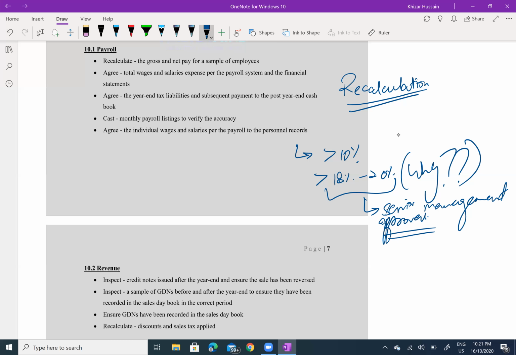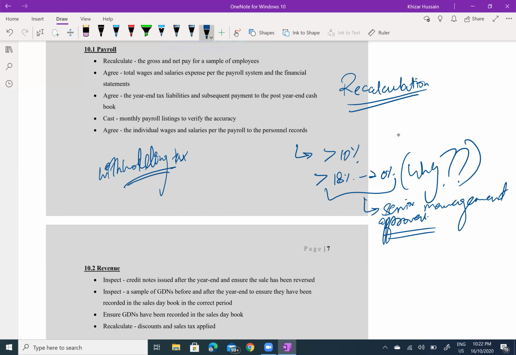Obviously in most countries you have employee tax, taxes on salaries, right? And it's the company's responsibility to pay it because it's a withholding tax. When you study F6, you'll know it's a withholding tax on salary, right? So it's the client's job to pay the tax on the employee's behalf.